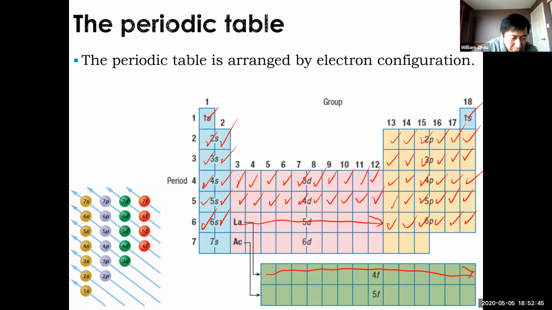If you just draw those arrows, the order in which it pierces the orbitals is the order that they appear. So the first one will be 1s, and then the next one is 2s, 2p, 3s, 3p, 4s, 3d, 4p, 5s, 4d, 5p, 6s. You get the idea. If you want, you can do that.